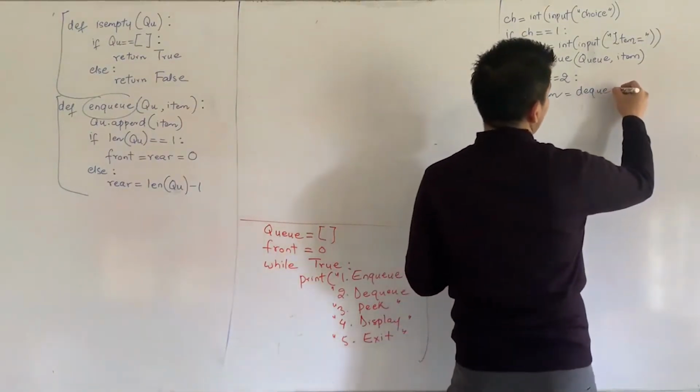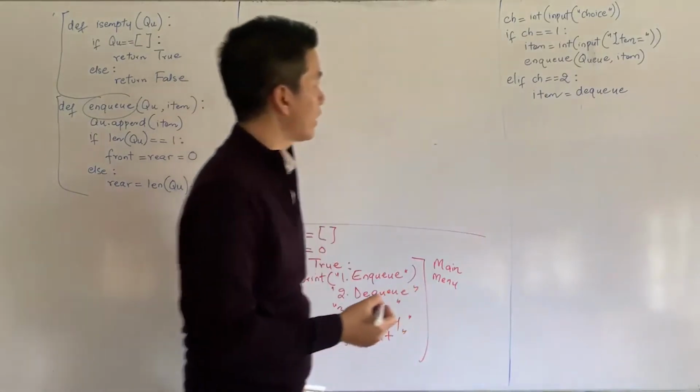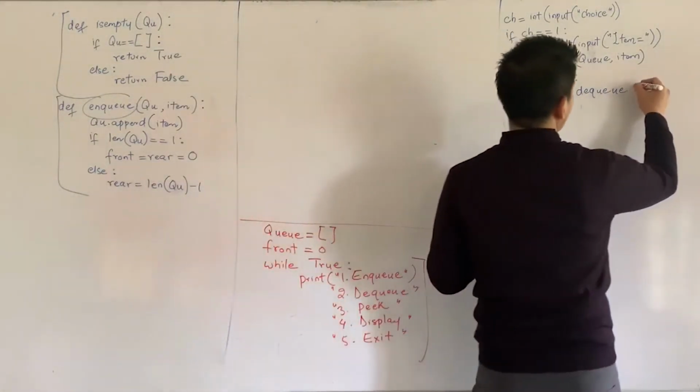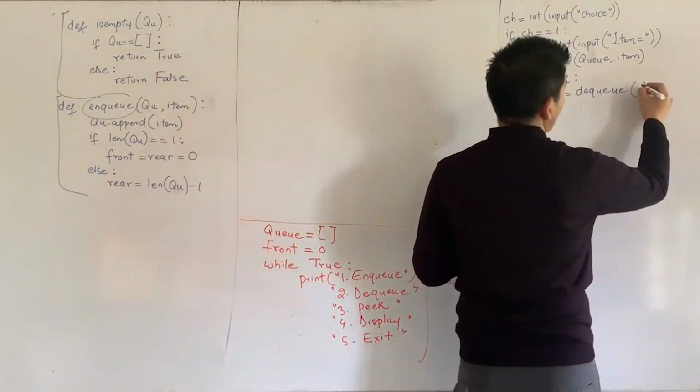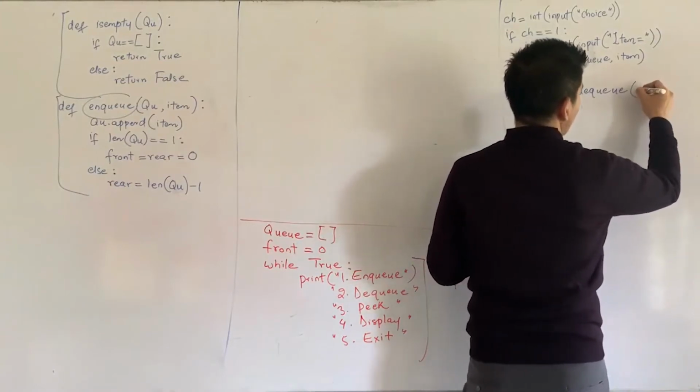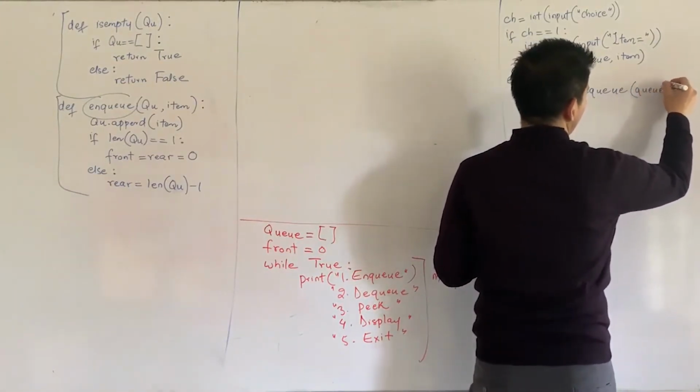Okay, DQ, and then I need to set the parameter of Q, right? Like this.